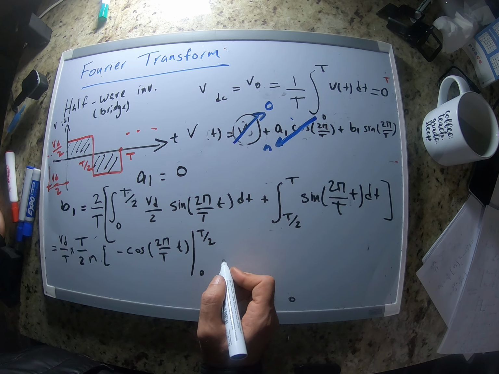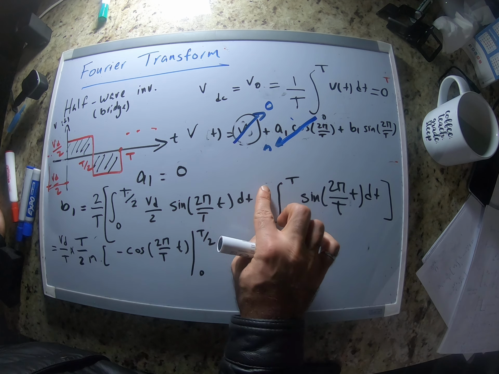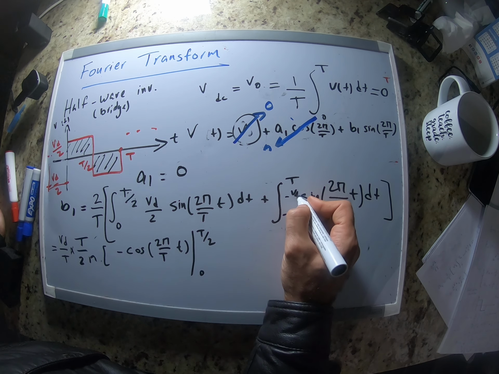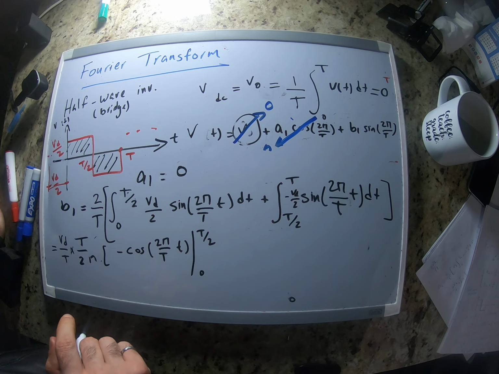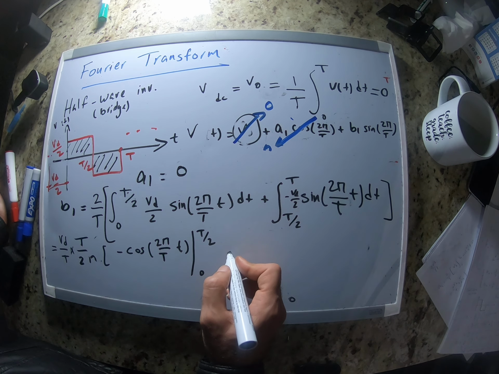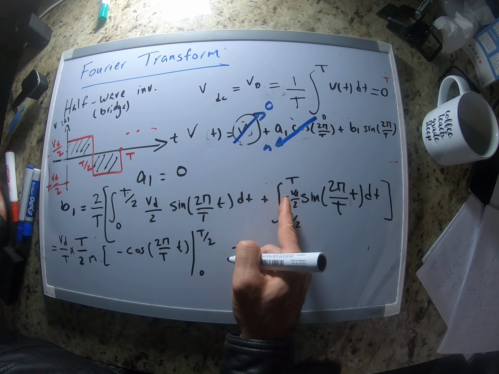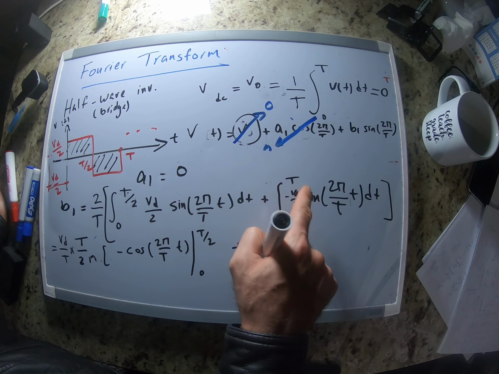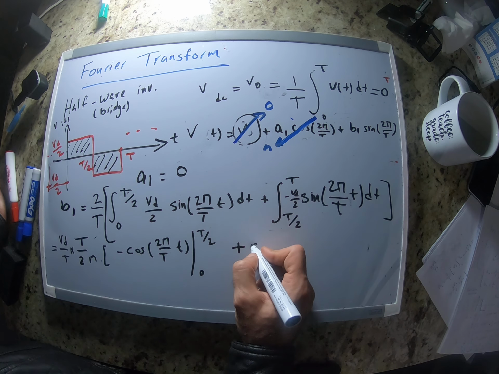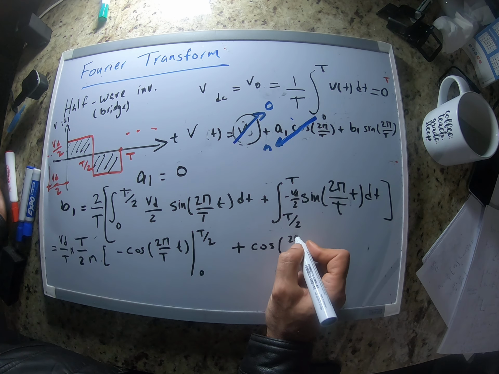And sorry, this one was plus negative Vd over 2 times sine of this, right? So this becomes plus, because this negative and the negative from the integral cancel out, plus cosine of 2 pi over T times t.